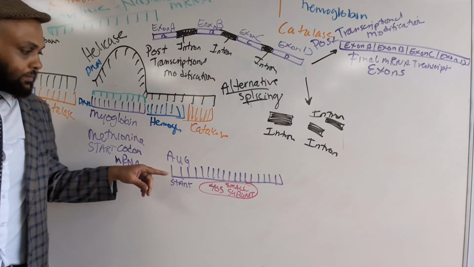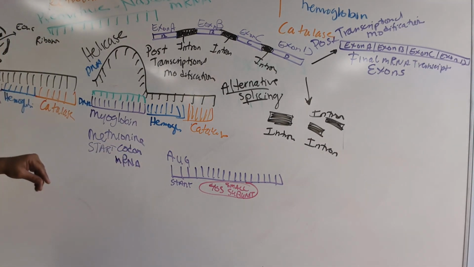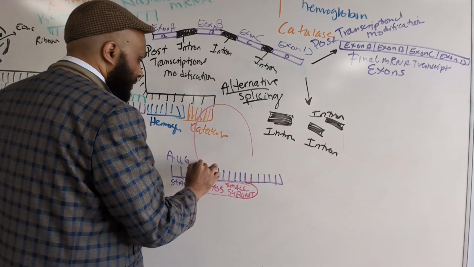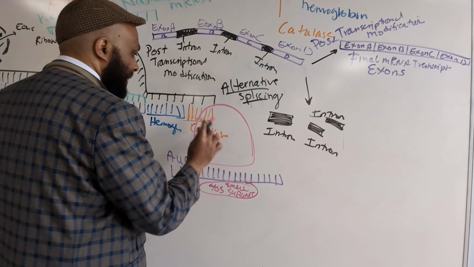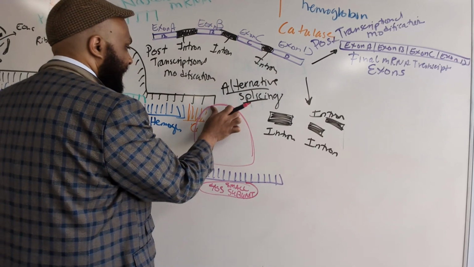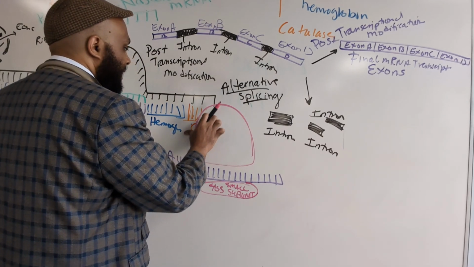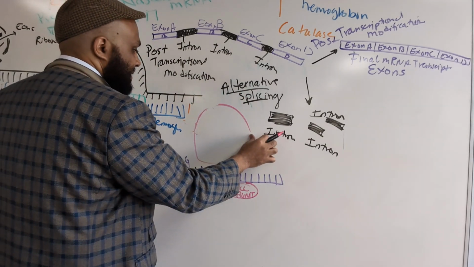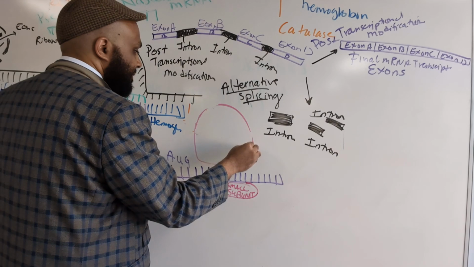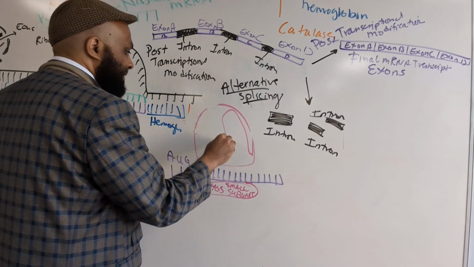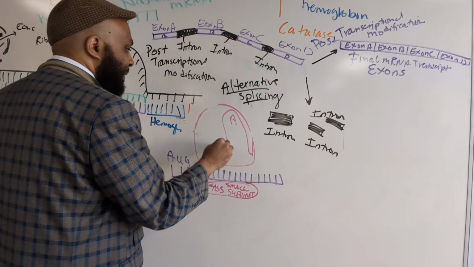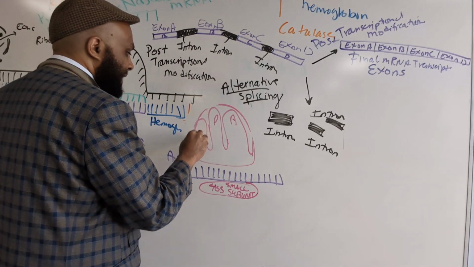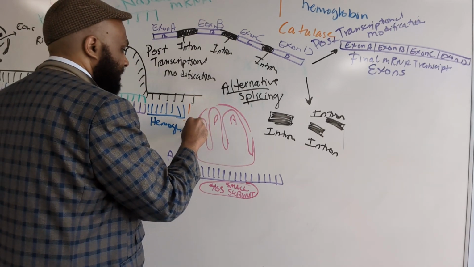Then the large subunit is going to bind on the top. The large subunit has 3 sites: an entry site known as the A site, a polypeptide site known as the P site, and an exit site known as the E site, EPA.